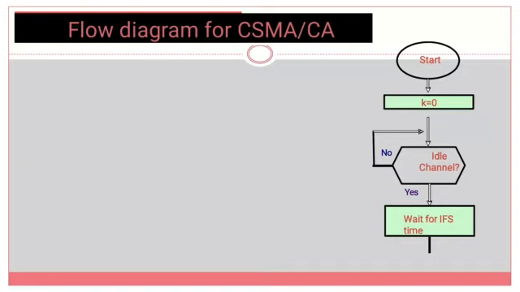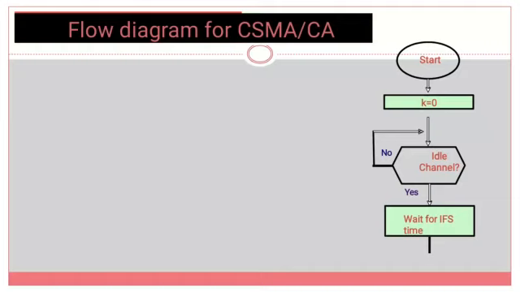Next, when k equal to 0, that means this is the first attempt. The station senses the channel to check whether it is idle or not. For example, if the channel is busy, that means not idle, the answer is no, then it goes back and senses the channel again. Until the channel is idle, the same loop keeps repeating.